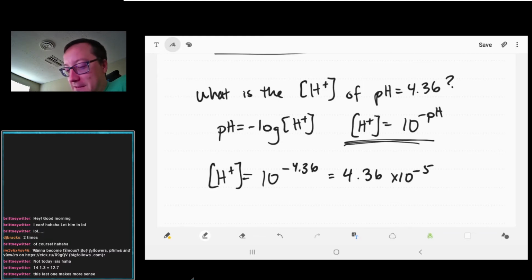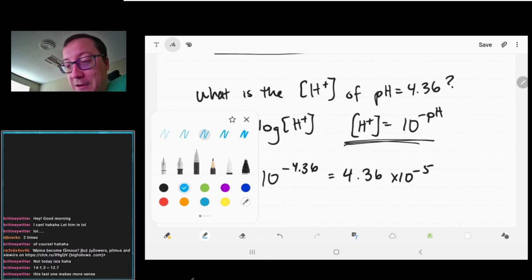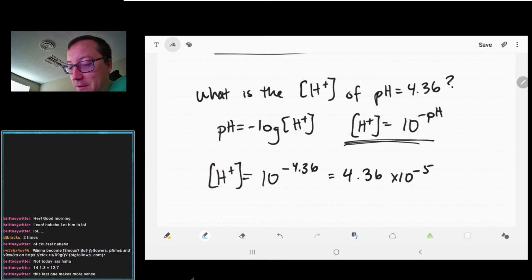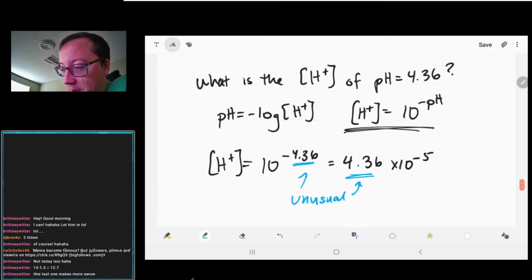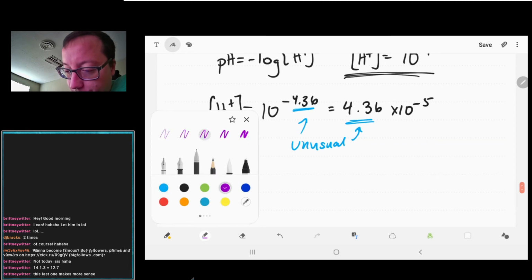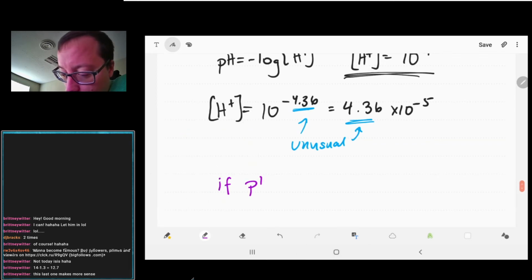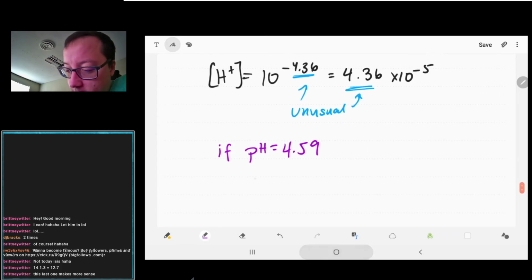That's not usual. This is a bizarre example. So it happens that these are the same. This is very unusual. So you can't just skirt this. So like let's say if we have 4.59.